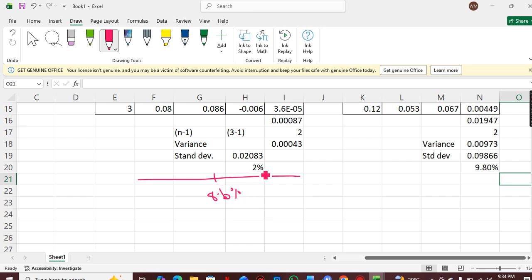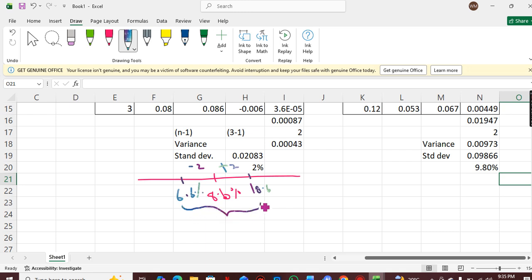It has a standard deviation of 2, so you add 2 to 8.6 and get 10.6. From 8.6, you subtract 2 and get 6.6%. So colleagues, this is the range where you can expect to find your returns.